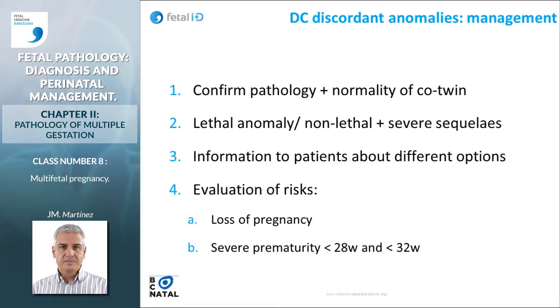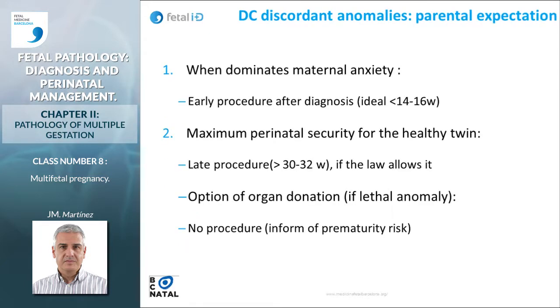If maternal anxiety dominates the situation, the ideal thing will be to perform an early procedure, better before 14 to 16 weeks of pregnancy, always before 16 weeks. If what dominates is the maximum security of the healthy baby, and the law allows it, then a late procedure will be the best, if the patient tolerates the growth of the fetus with malformation.